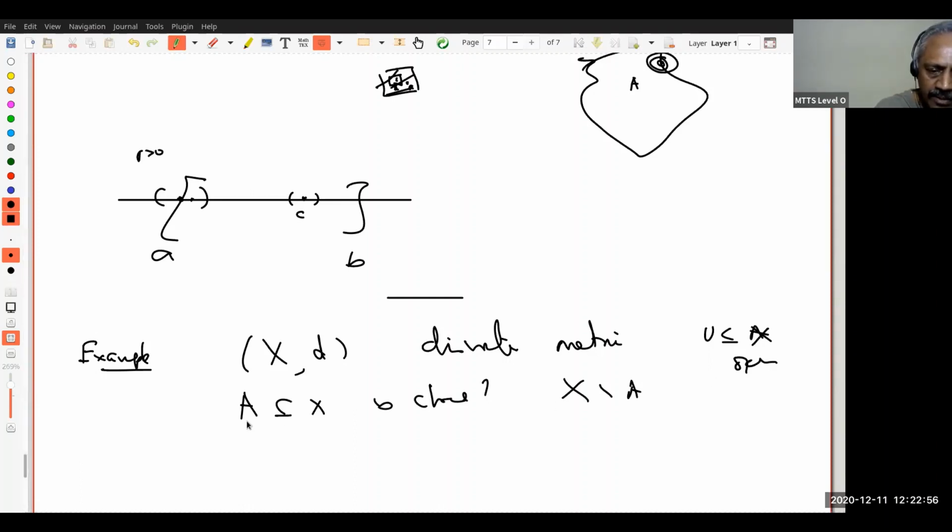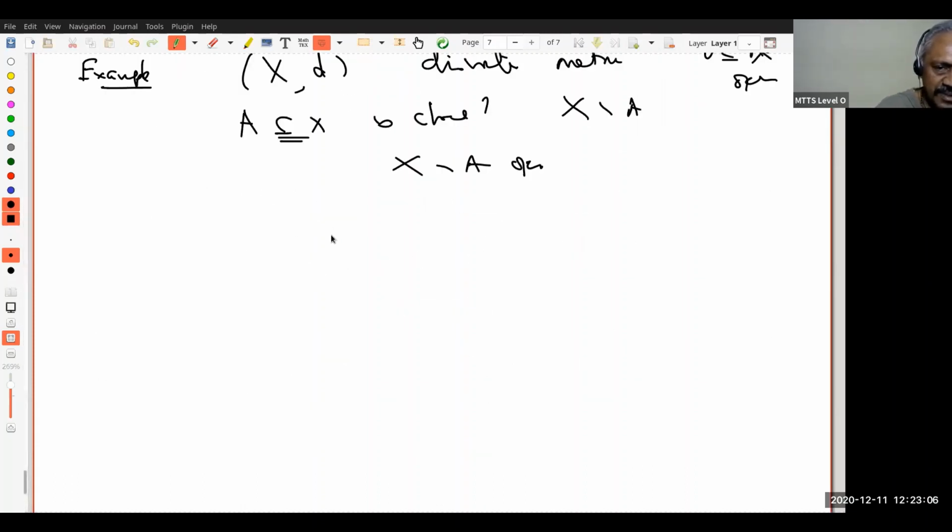Therefore, when is A closed? If X minus A is open. But this is an arbitrary subset of X, therefore it's open, and hence every set is closed. Therefore, in a discrete metric space, every subset is both closed and open.